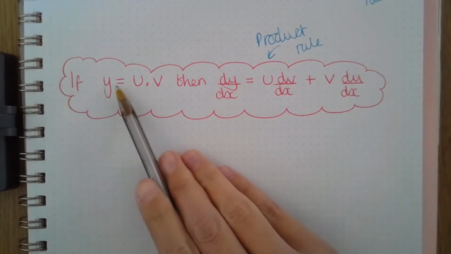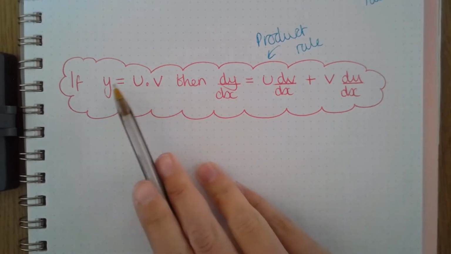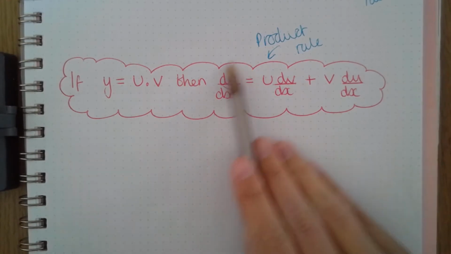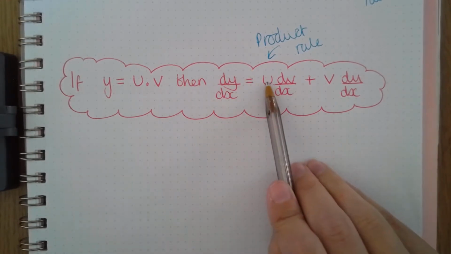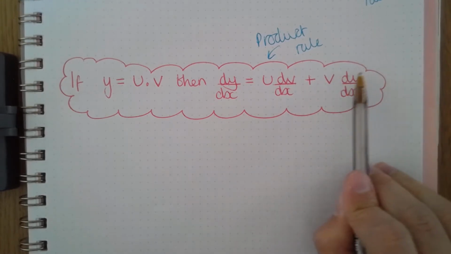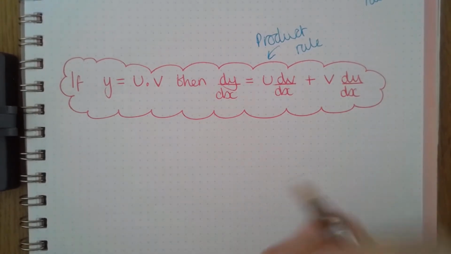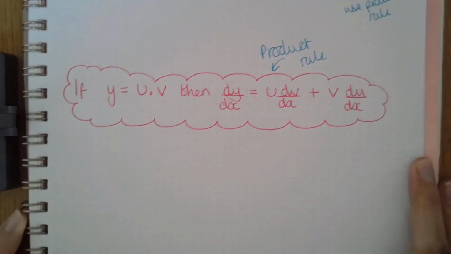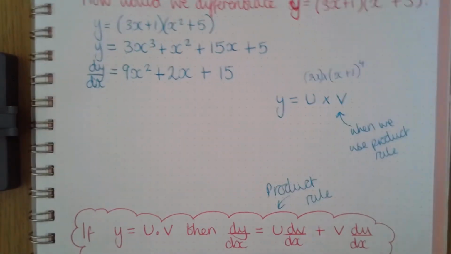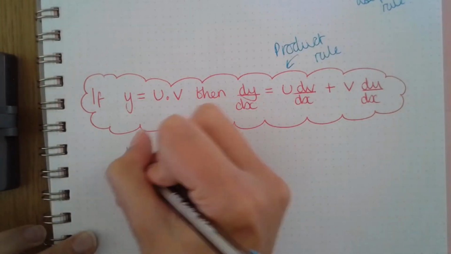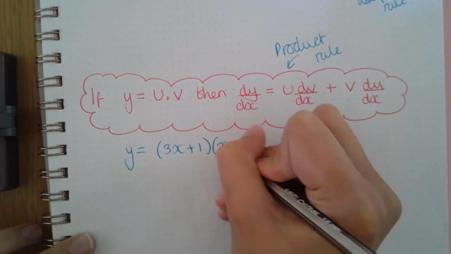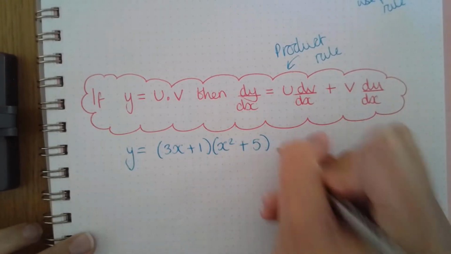So if y is, remember dot means times, if y equals u times v, then the differential of y is equal to u times dv dx plus v times du dx. So you don't need to write this down because I'm going to do a couple of formal examples in a second, but that question we've just looked at, if we were to use the product rule for this, so we've got y equals (3x plus 1)(x squared plus 5).